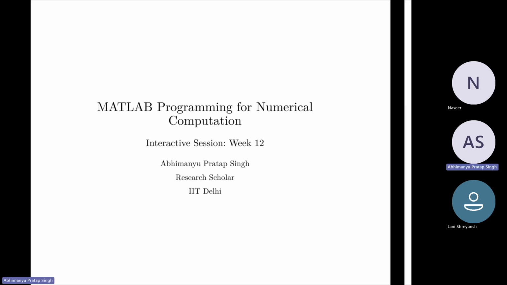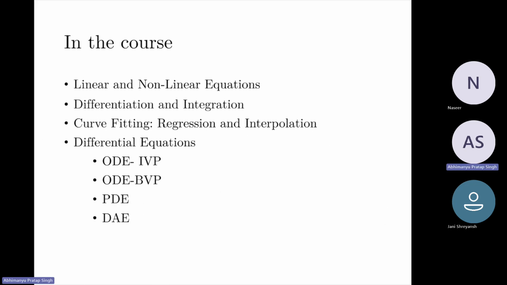First, let us go through a summary of what all we learned in this course. Initially we started with some of the basics of MATLAB. We learned the program structure of MATLAB, the for loop, if else conditions, and matrix operations. And then we looked at solving linear and nonlinear equations.